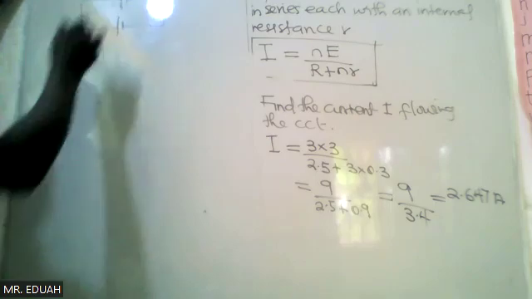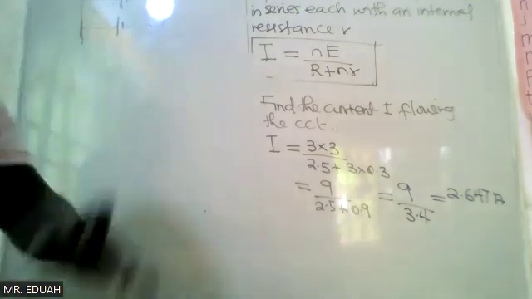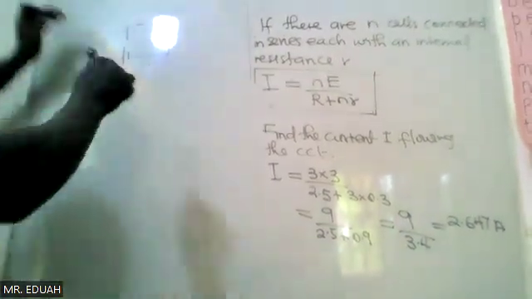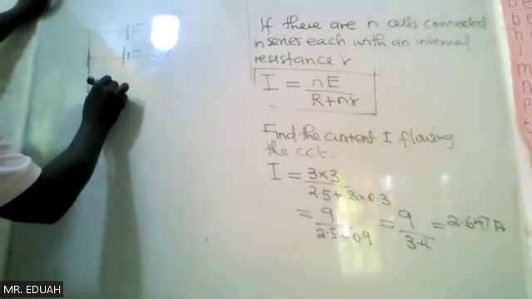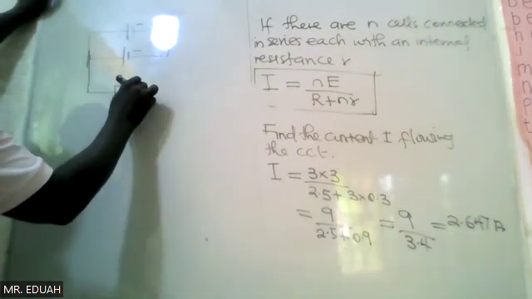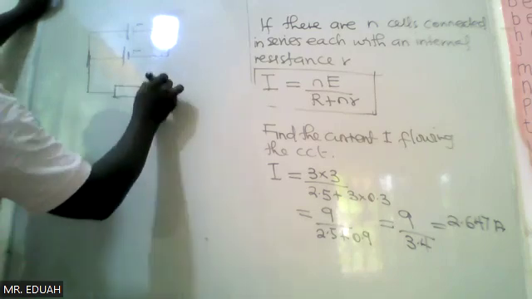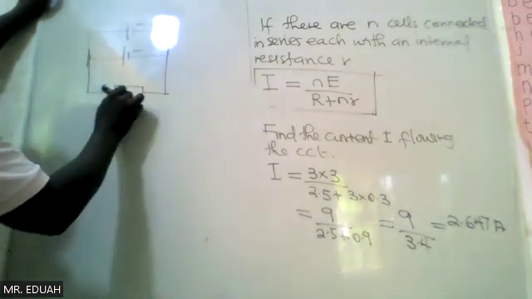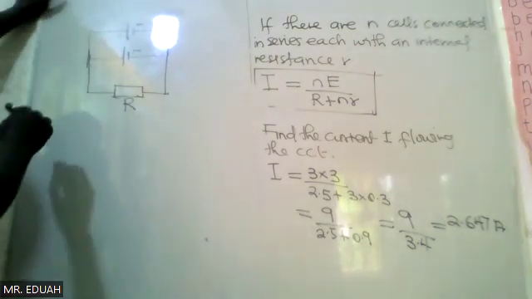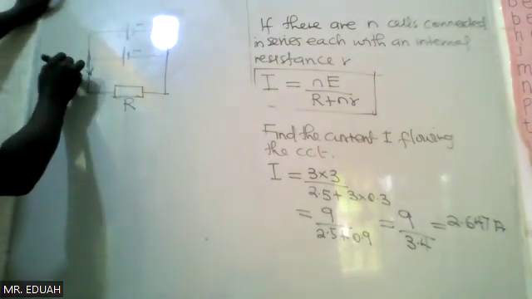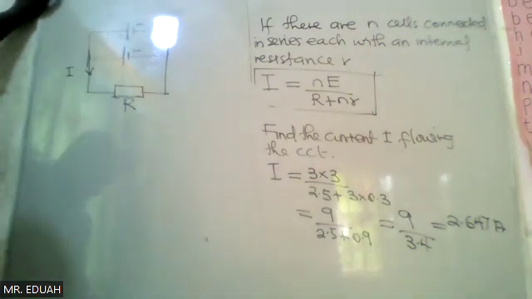This has an internal resistance R. This also has an internal resistance R. And ask you to find the current I flowing through the circuit.